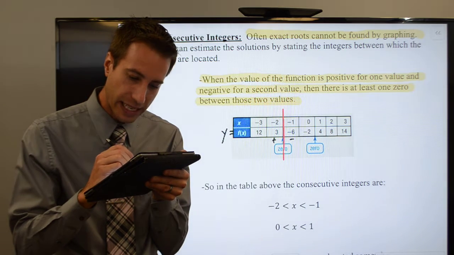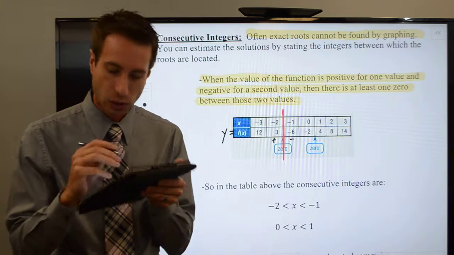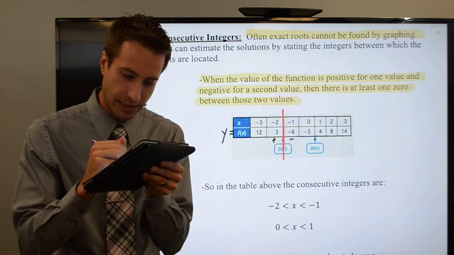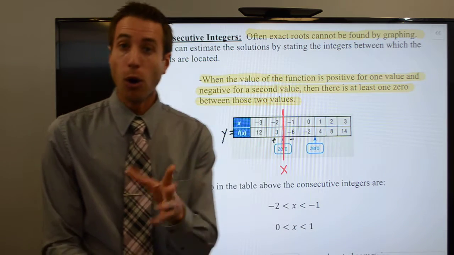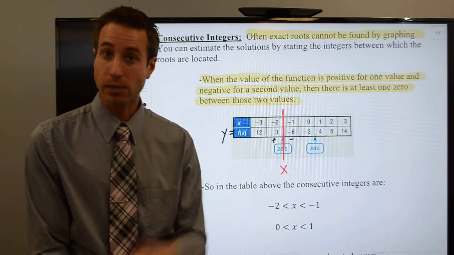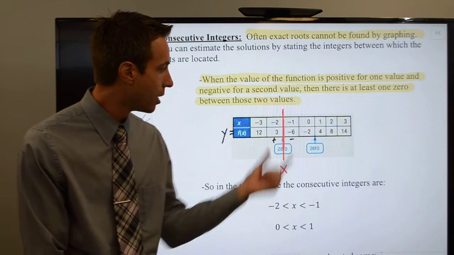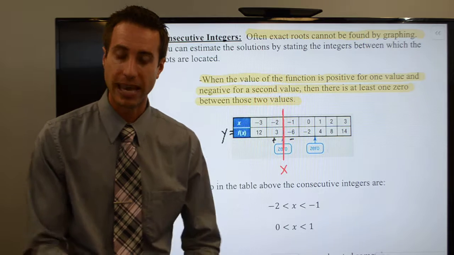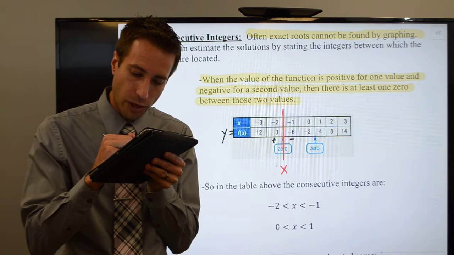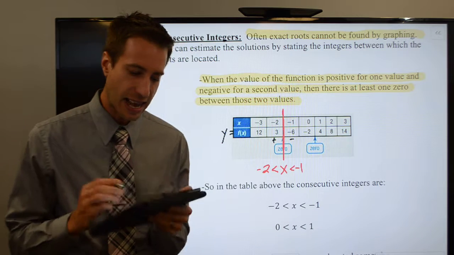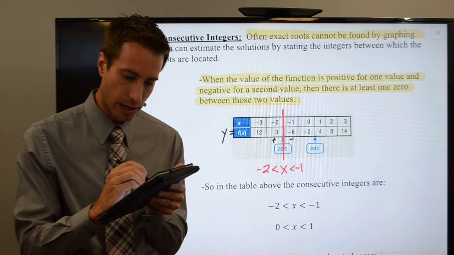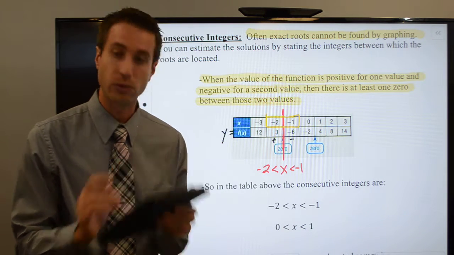Somewhere between these guys, I cross the x-axis. Well, what values of x am I crossing between? Well, my values of x are -2 and -1. So I'm somewhere greater than -2 and somewhere less than -1. It's based on your x values.